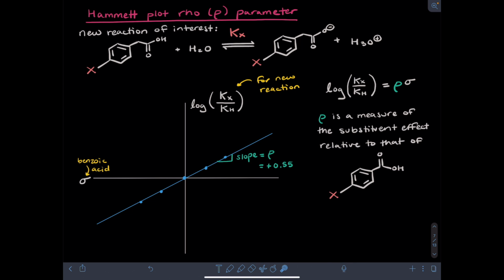So essentially, what is our substituent effect for our molecule of interest compared to that for the benzoic acid? For the original benzoic acid series, this rho is +1, and we're comparing our experimentally determined +0.55 value to 1.